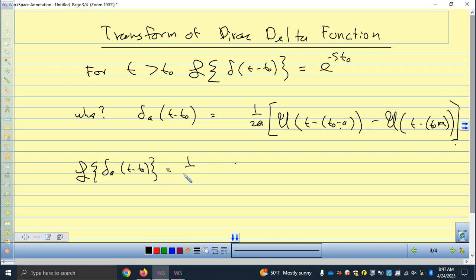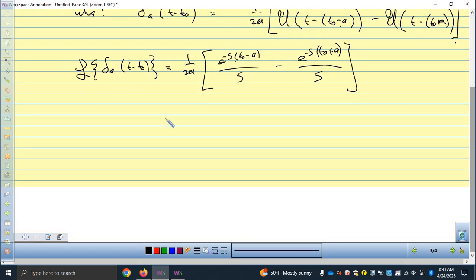So that's going to be 1 over 2a times, well, the Laplace transform, we know the Laplace transform of these. This is e to the minus s t0 minus a over s minus e to the minus s t0 plus a over s. And I'm going to simplify this.